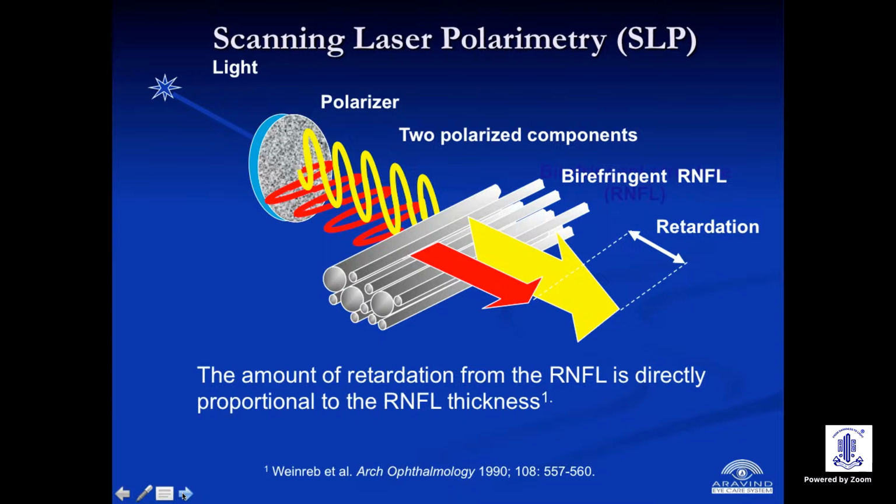The parallel arrangement of the microtubules within the retinal ganglion cell axons causes a quantifiable change in the polarization of light that passes through them. This change is called retardation, and its numerical value is proportionate to the thickness of the nerve fiber layer.